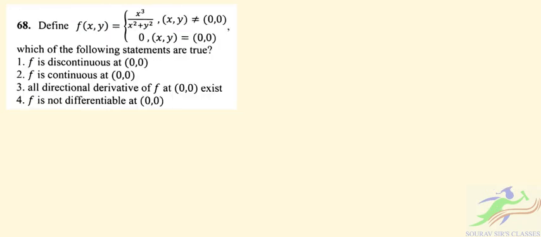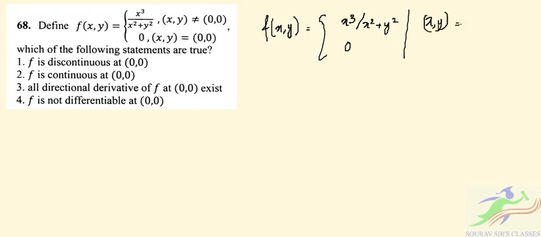Question 68: define f(x, y) as x cubed by x squared plus y squared, where x and y are not equal to 0, and 0 for (x, y) equal to (0, 0). Which of the following statements are true? So we have the function f(x, y) is x cubed by x squared plus y squared, and it is 0 at the origin.